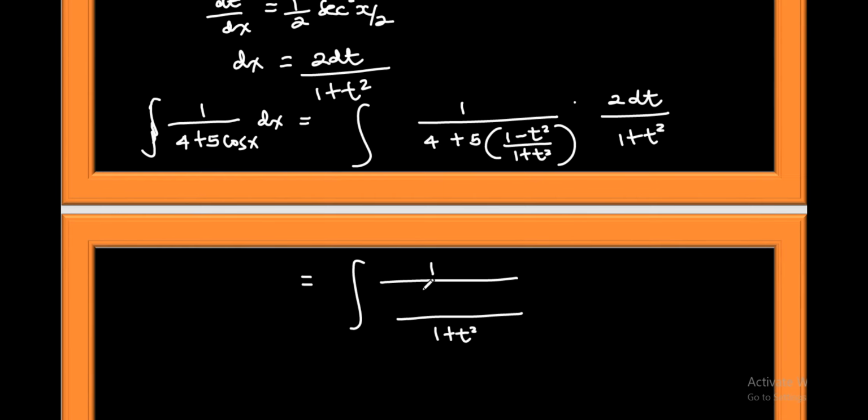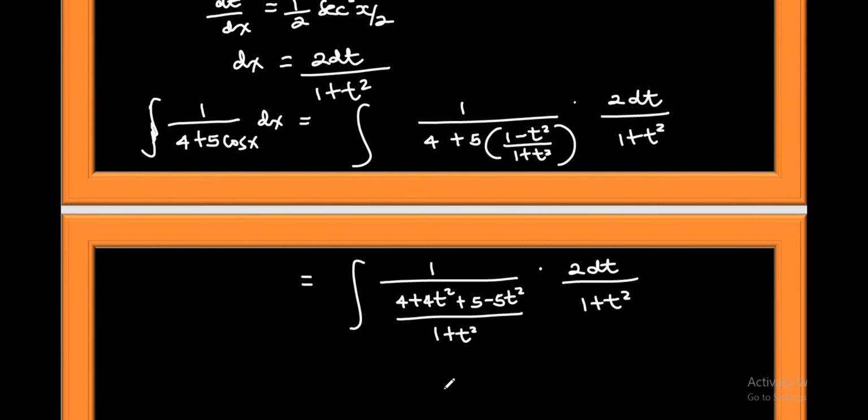If that is the case, here we shall have 4 plus 4t squared. I'm applying the LCM here carefully. And then we shall have plus 5 minus 5t squared. But we're multiplying the whole of this still by 2 dt divided by 1 plus t squared.